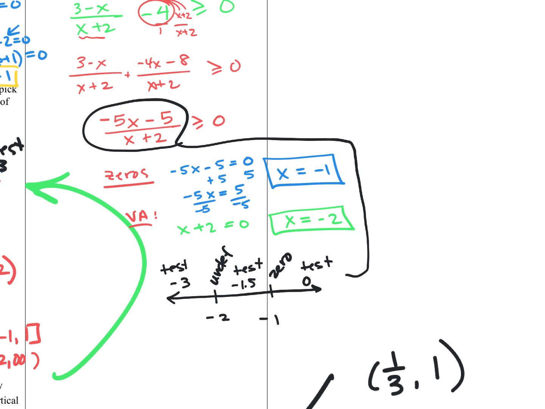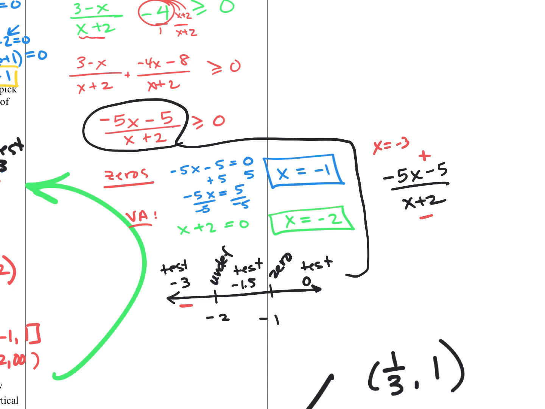So if I plug in -3, let's think about that. If x equals -3, that's going to be -5 times -3, which will be positive 15, minus 5, which is positive. And then on the bottom, I'll get negative. So that's actually going to give me a negative result, because positive divided by negative is negative.